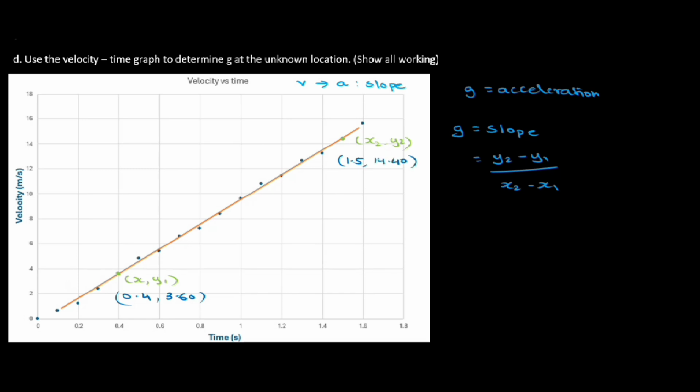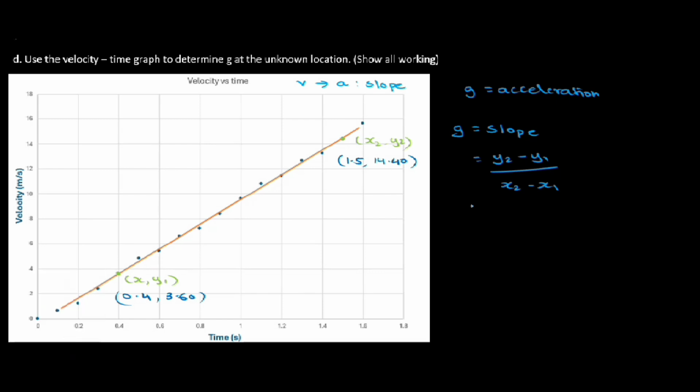Now these values I got from the table because the points that I chose were both on the line of best fit as well as on my table. So if you have points which are on both the line of best fit as well as your table, you can select those points. But if you have no points which are on the table and your line of best fit, always select any point on the line, not from the table.